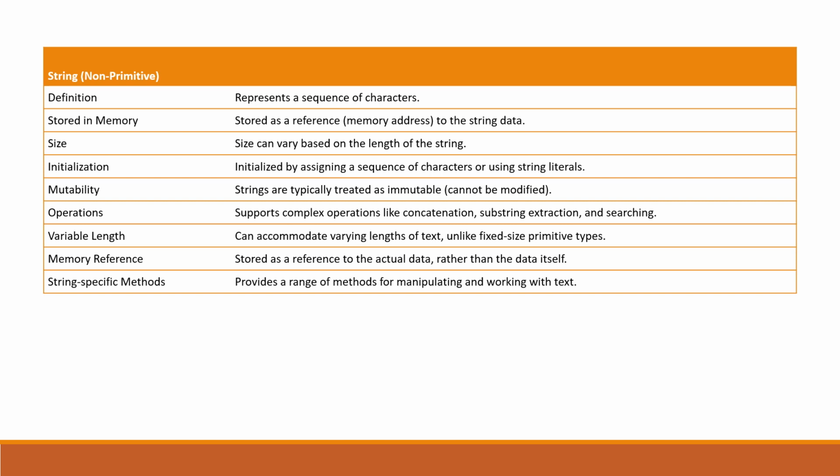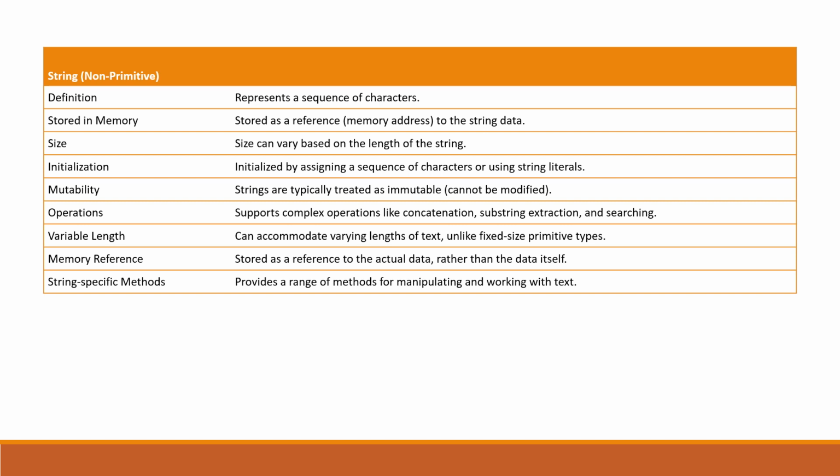Why? I have listed some of the properties of strings that match with non-primitive data types, like storage: stored as a reference. Size: size can vary based on the length of the string. Initialization: by assigning a sequence of characters or using literals. And mutability: strings are typically treated as immutable, cannot be modified once declared.